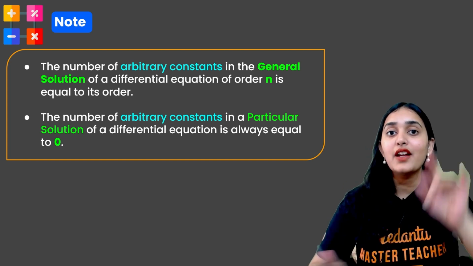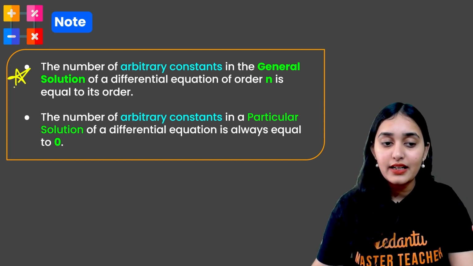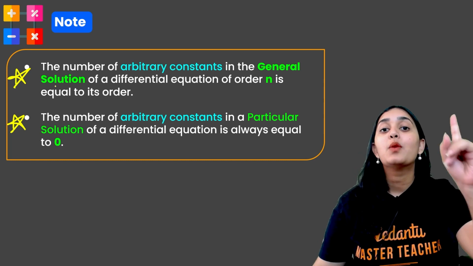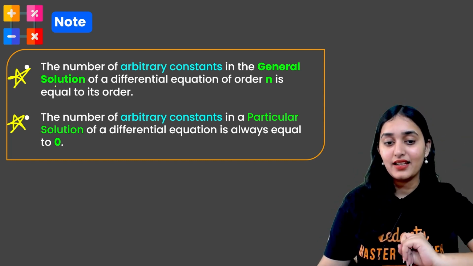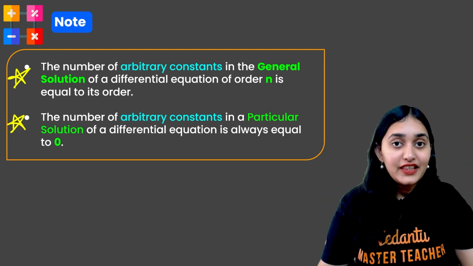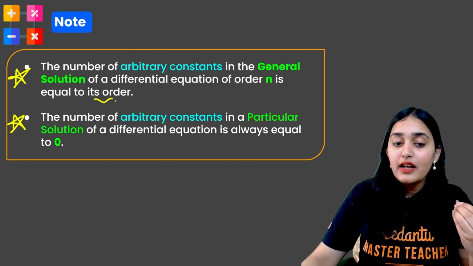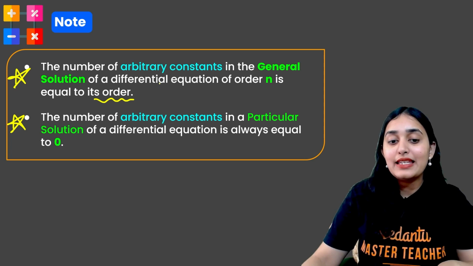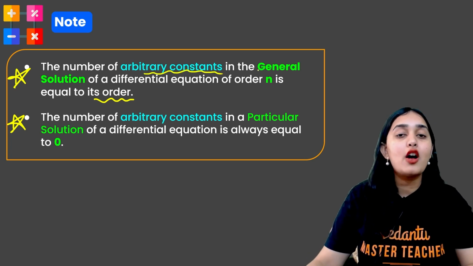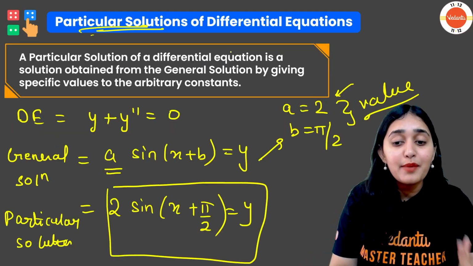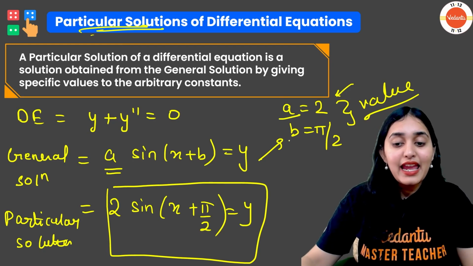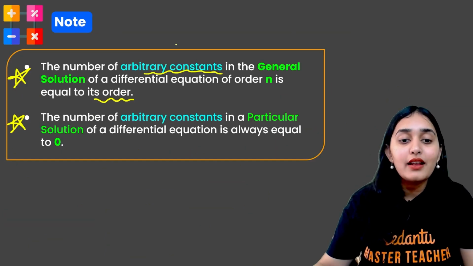But before that, one very important shortcut trick and tip here for you, which is asked in the question paper. If they ask you what is the order of the differential equation given the arbitrary constants. Now, what are arbitrary constants? This a and b are called arbitrary constants.